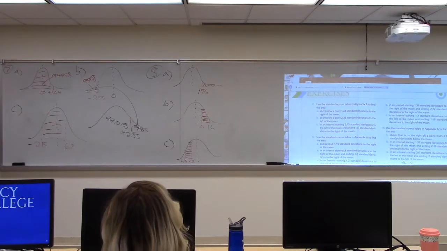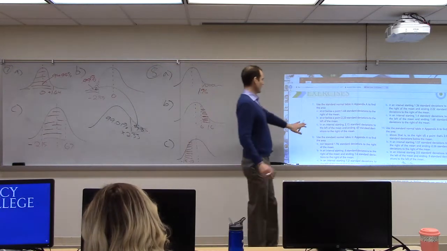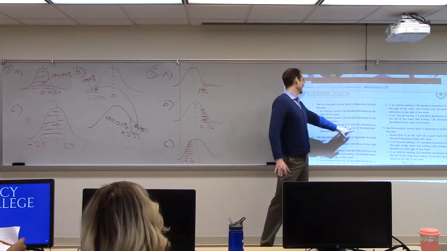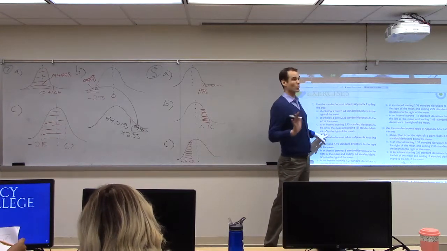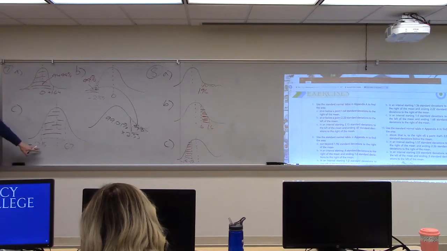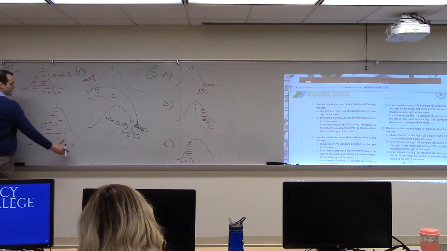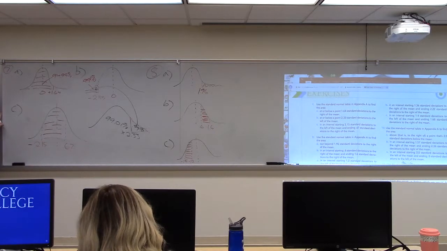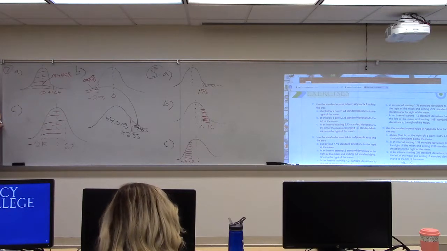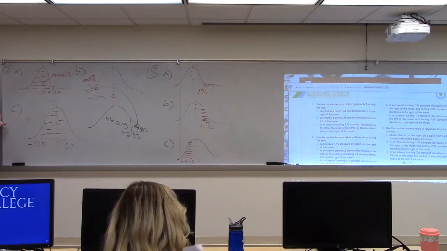So, let's do problem part C. An interval starting 2.15 standard deviations to the left of the mean and ending 0.67 standard deviations to the right of the mean. So 2 steps to this one.